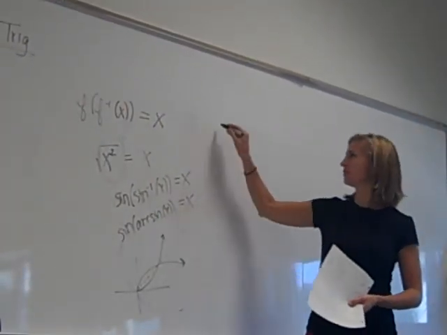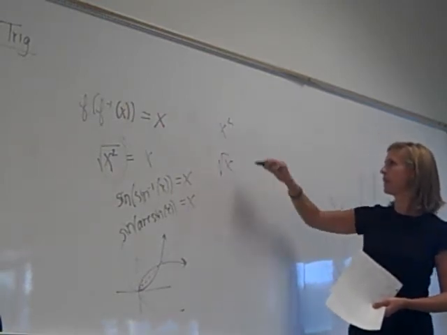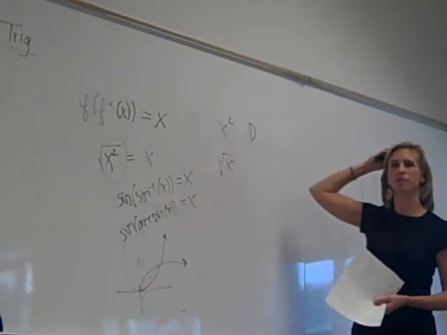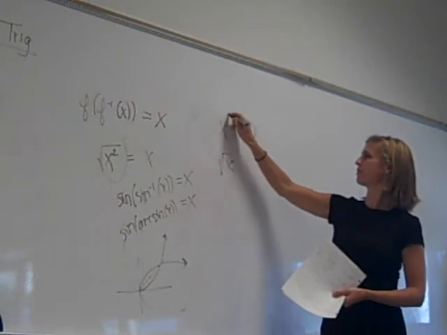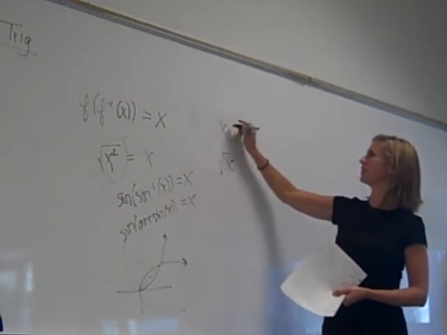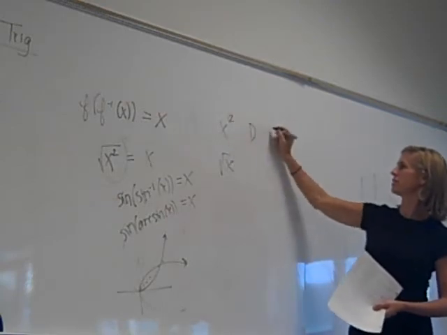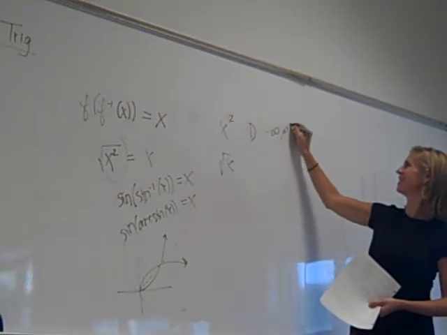So for example, x squared and the square root of x. The domain here, actually I don't know if this is going to be a great example. Well, whatever. Let me just take this. The domain of this is going to be negative infinity to infinity.